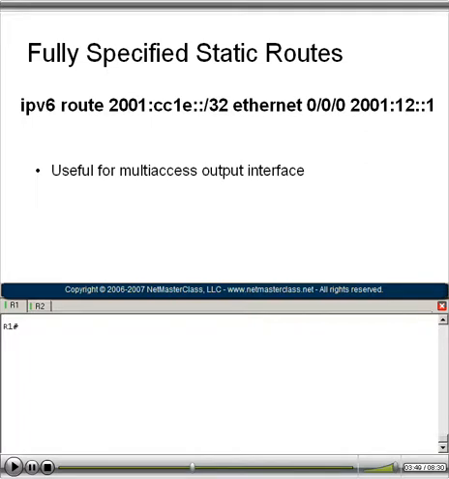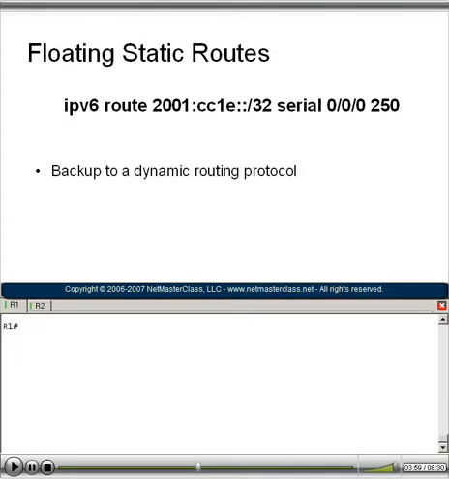This is ideal when the output interface is multi-access, and there could be multiple next hops reachable out that particular output interface. Also, floating static routes are still around in IPv6. You're probably familiar with these from a v4 routing environment. With a floating static route, we do a neat trick.